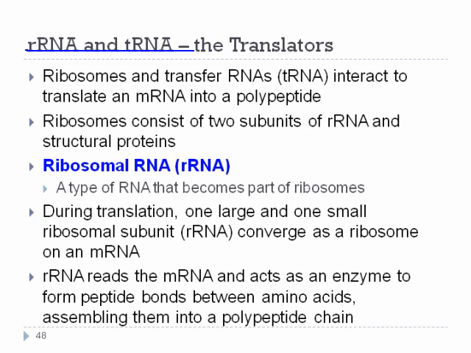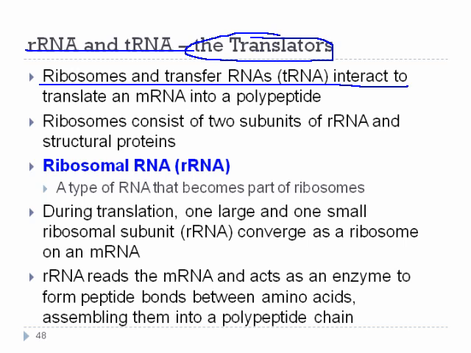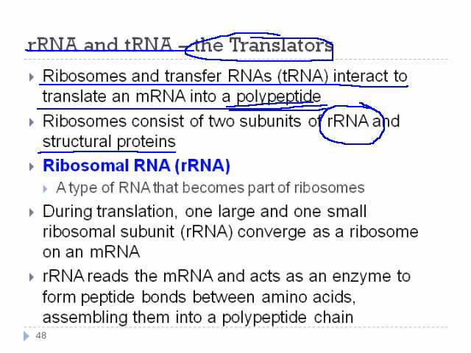So the rRNA and tRNA help to do translation. Ribosomes and transfer RNAs interact to translate the mRNA into a string of amino acids that we call a polypeptide. And there's two subunits of the ribosomes, the large subunit and the small subunit, and they contain ribosomal RNA and structural proteins. During translation, one large subunit and one small subunit come together as a ribosome.